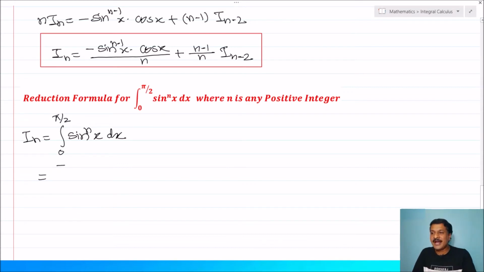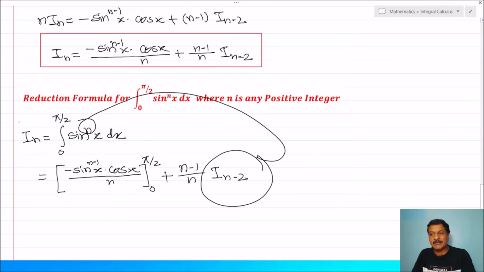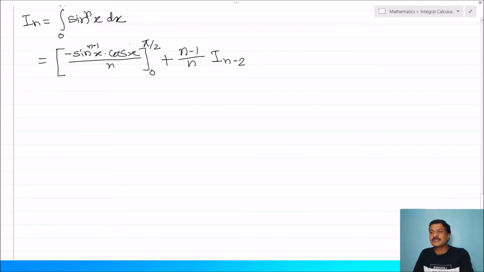So that is why I am getting here minus sin x raised to n minus 1 into cos x upon n. Here limits 0 to pi by 2 plus n minus 1 upon n I_n minus 2. Note that for this also I am getting here power n minus 2 with the limits 0 to pi by 2. So substitute here upper limit minus lower limit.